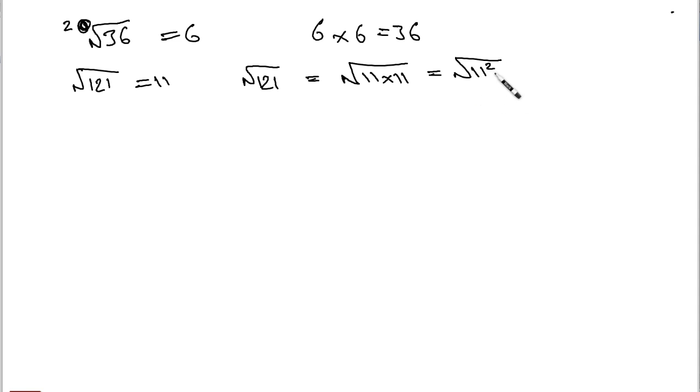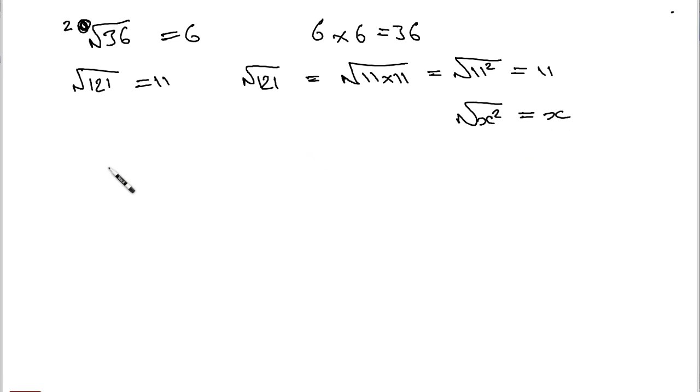And a square root and squaring are opposites, so they cancel out, leaving me with 11. This leads me on to, if I have the square root of x squared, the square root and the square cancel each other out, leaving me with just x.